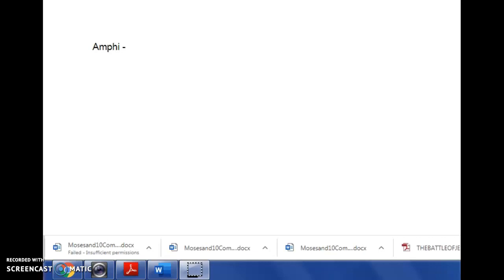The first root is amphi. Amphi means round or both. Okay, an example is amphibian.